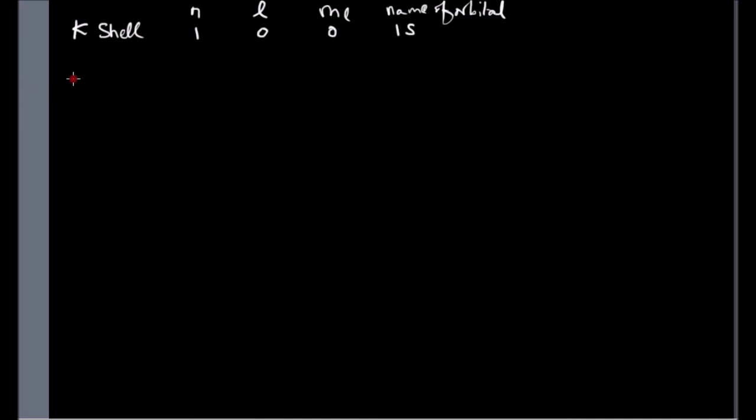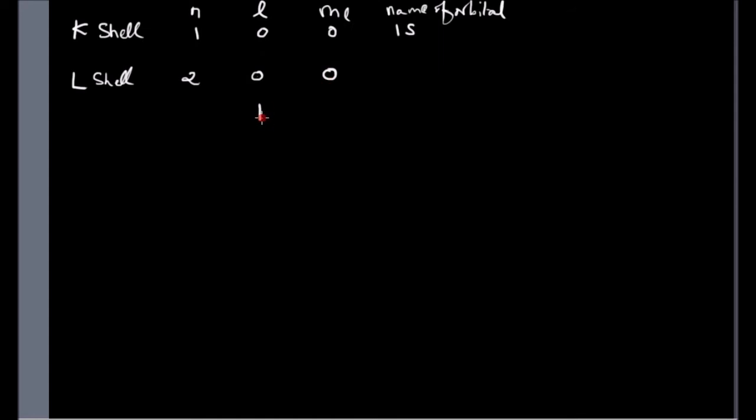Now let us take the second one, which is called L shell. It will have a value of 2 for n. So what are the possibilities for L? It can have values 0 and 1. For the value of 0 for L, you will have an ml value of 0.